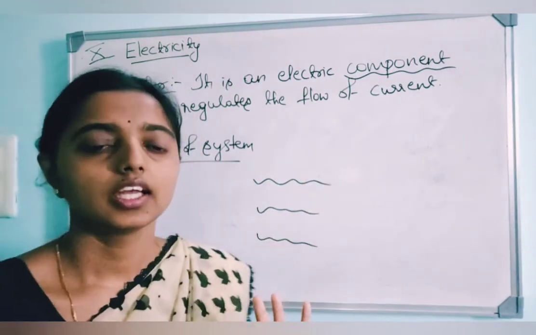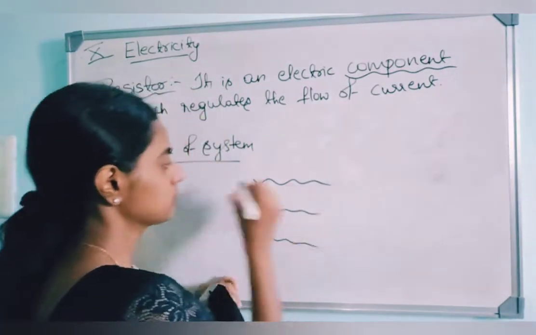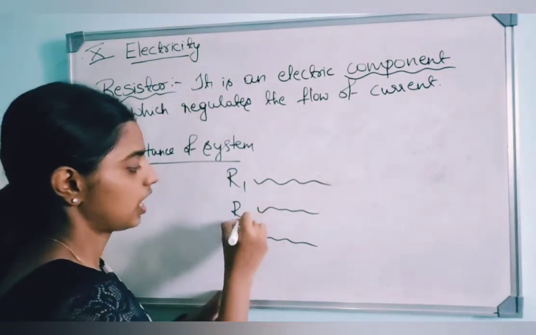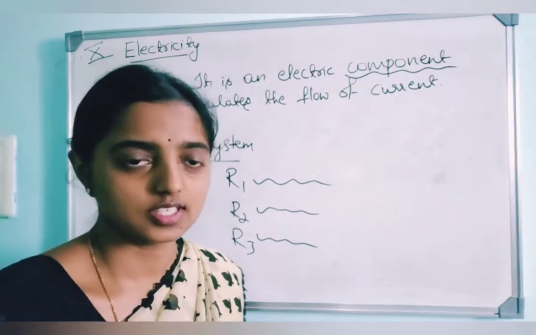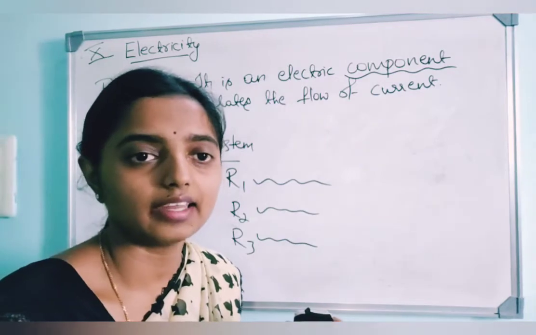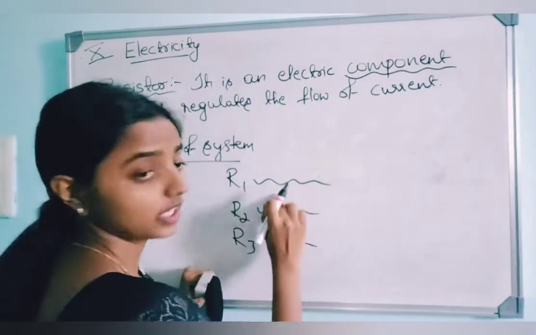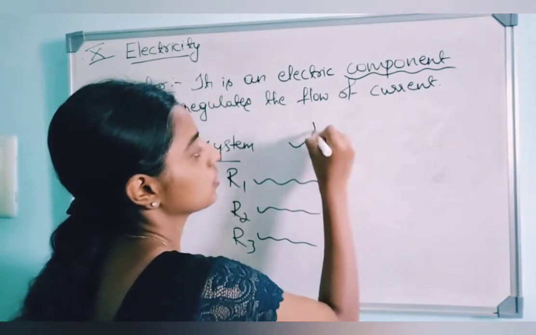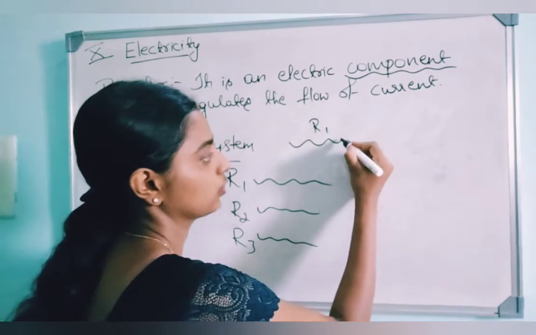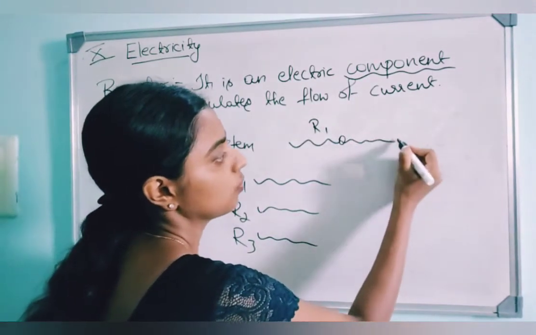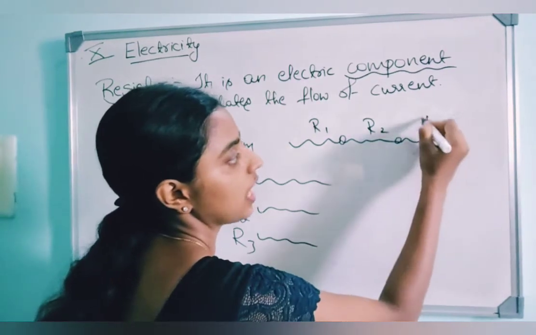See, I have three resistors. Let me name them R1, R2 and R3. If we join these three resistors end to end, I am taking R1 now, and to the end of R1 I am connecting R2. Now to the end of R2 I am connecting R3.